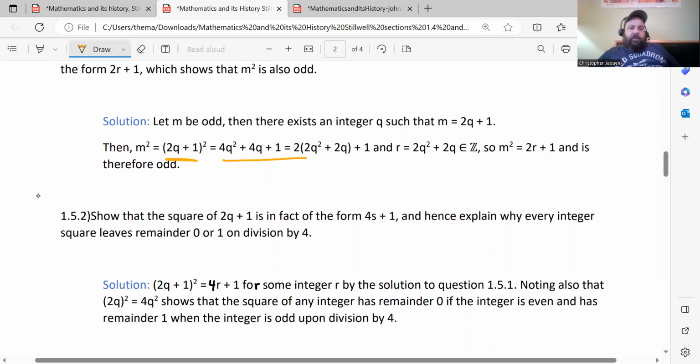If you square this, you get something that looks like this, and you can factor out the 4. So 2q plus 1 squared gives you something that looks like this, and q squared plus q is an integer, so I'm calling it r.